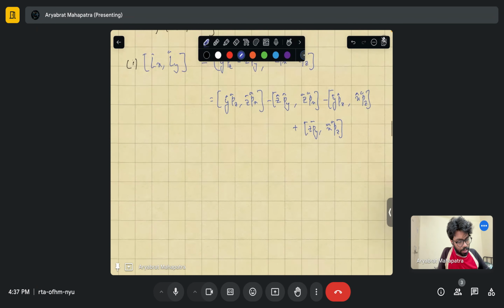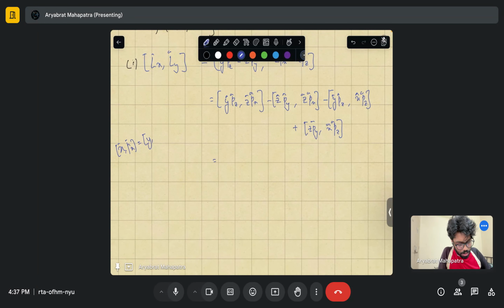So here, from the Heisenberg uncertainty relation, you are already familiar that x comes with px. These are basically your canonical variables.